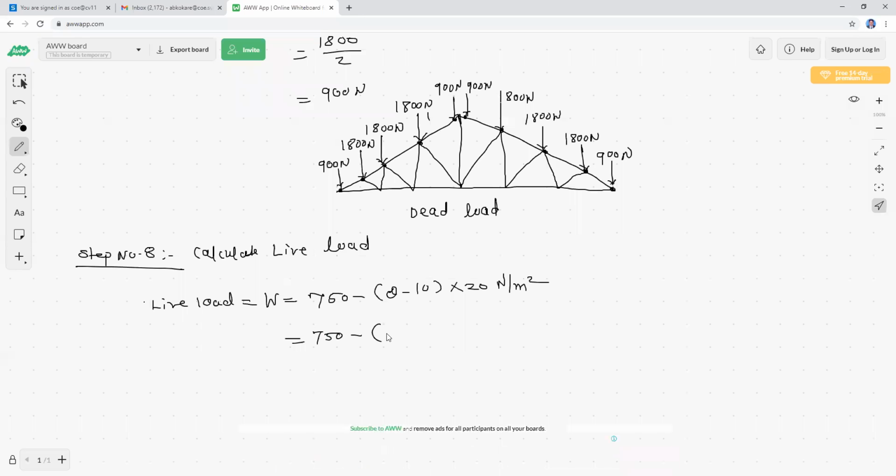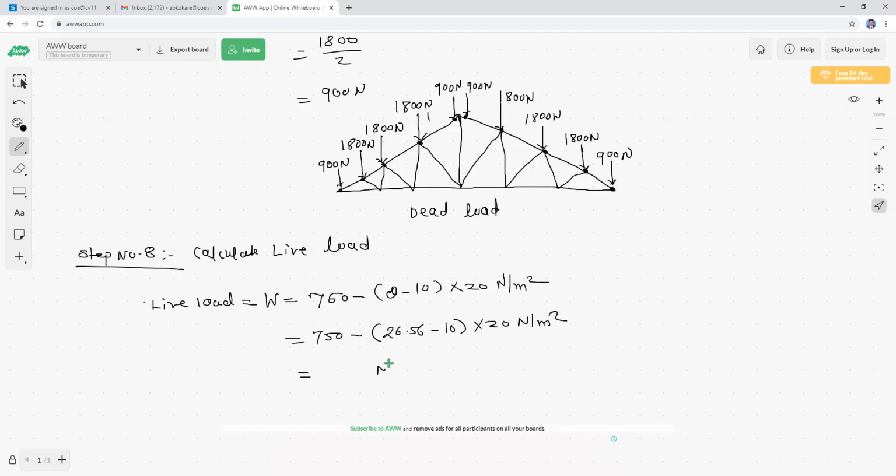I think in step number 3 or 4 we calculated the slope. So theta is 26.56. So (750 - (26.56 - 10)) into 20 Newton per meter square.